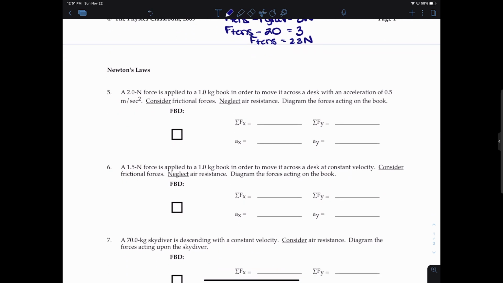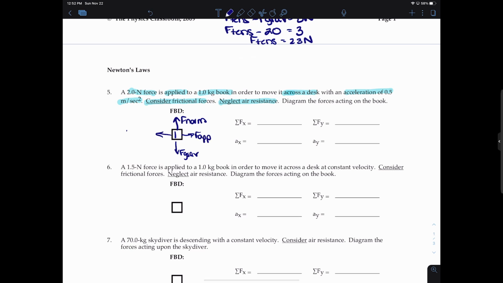So number 5, a 2 newton force is applied to a 1 kilogram book in order to move it across a desk with an acceleration of 0.5 meters per second squared. Consider friction, neglect air resistance. So we have a 1 kilogram book, we have the force of gravity, we have a normal force, and I'm going to say the applied force is moving to the right because it didn't tell us.